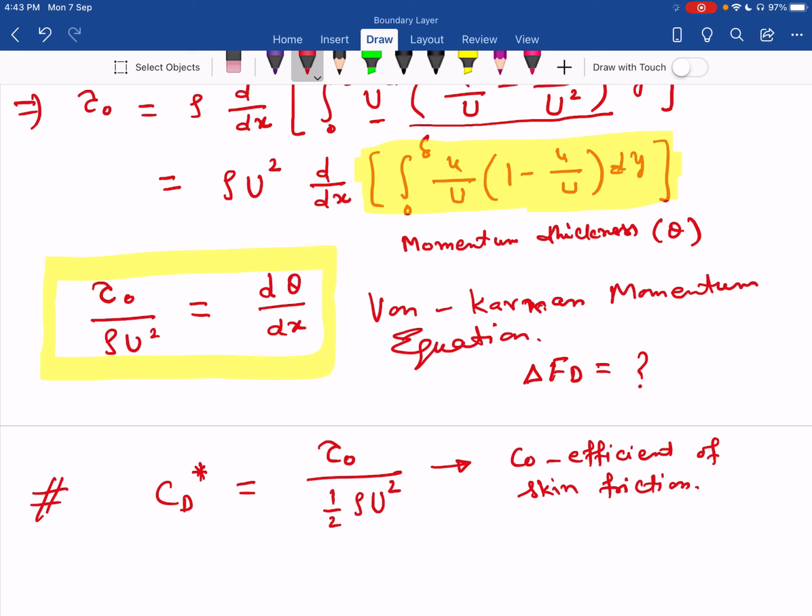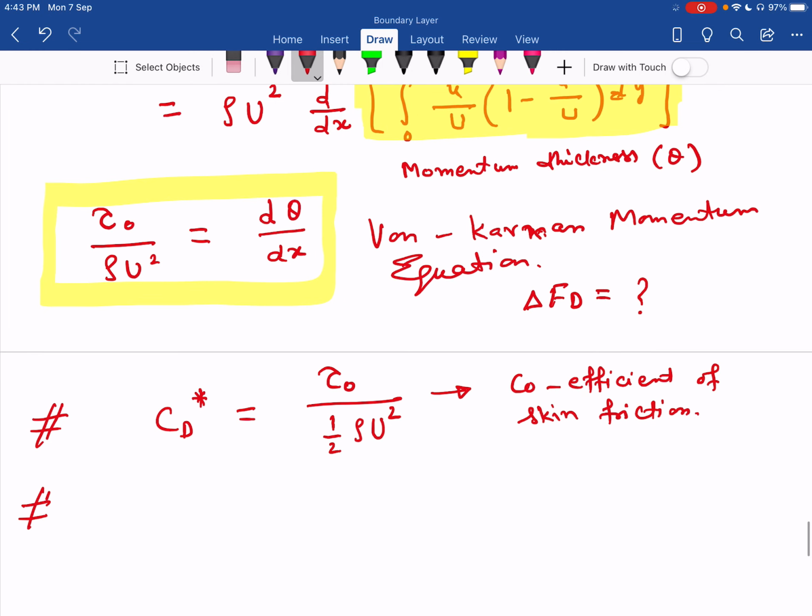Then we have one term CD. CD is FD divided by one half rho A U square, so that is delta FD also.